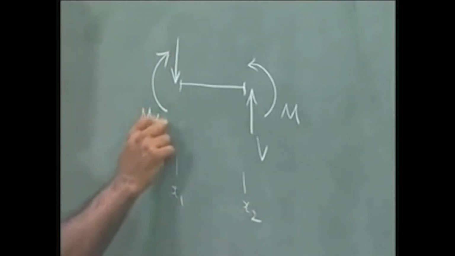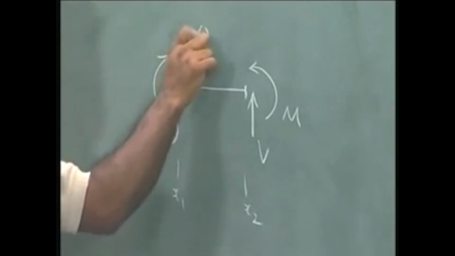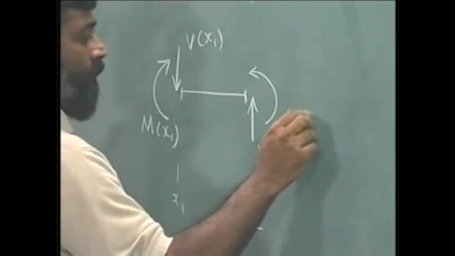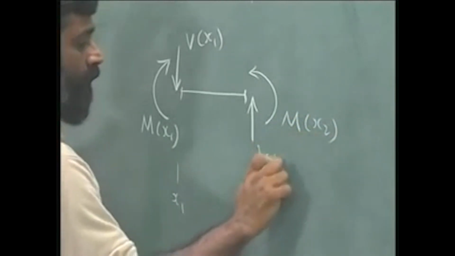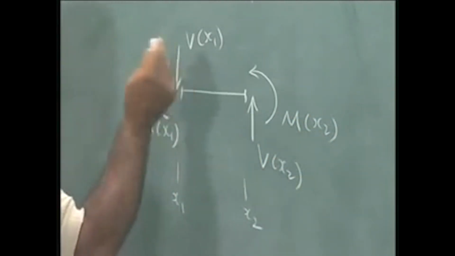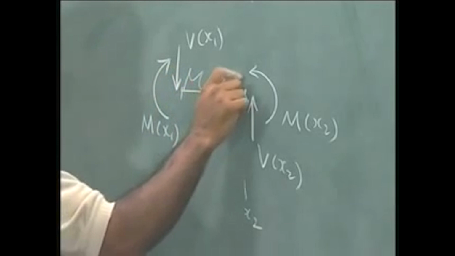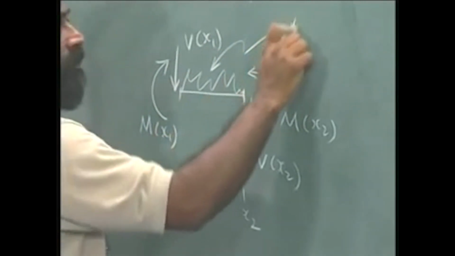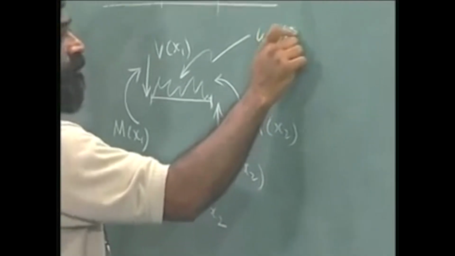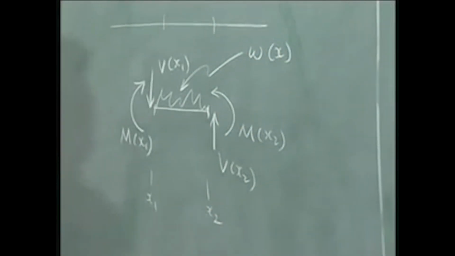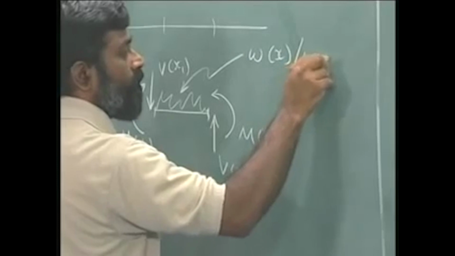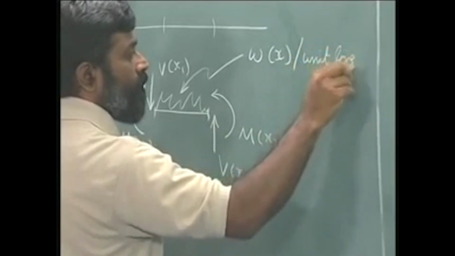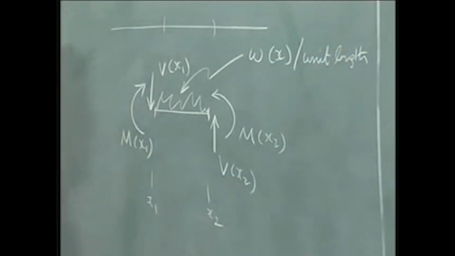So, M at x1, V at x1, M at x2, V at x2, and there could be some load acting in between. So, let me call that W of x per unit length. There could also be moments.